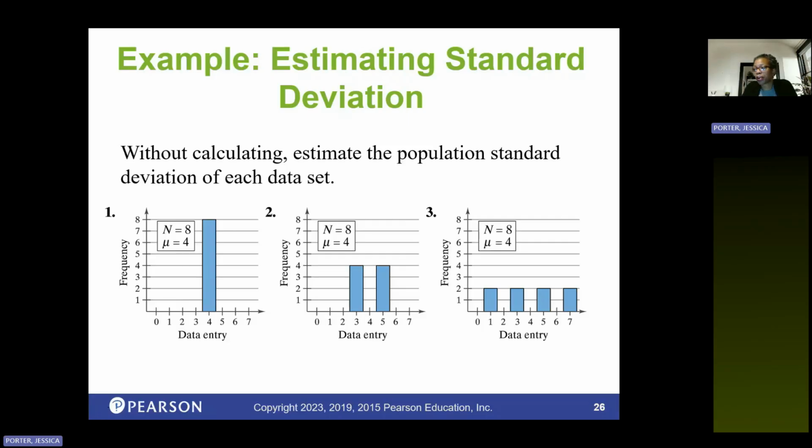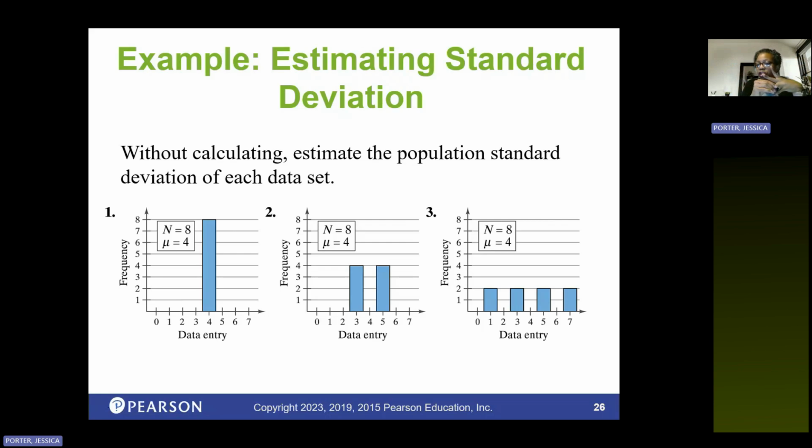Give me a number. Got a 0, another 0. So every entry is the same. There's no deviation. There's no deviating away from the mean. The mean and the median and the mode are all the same.